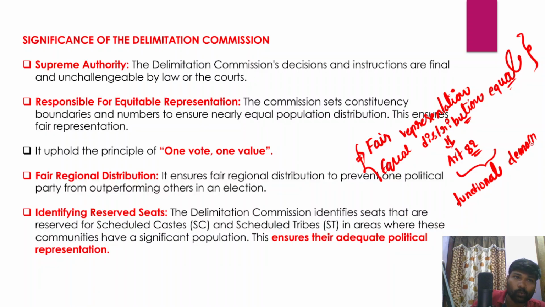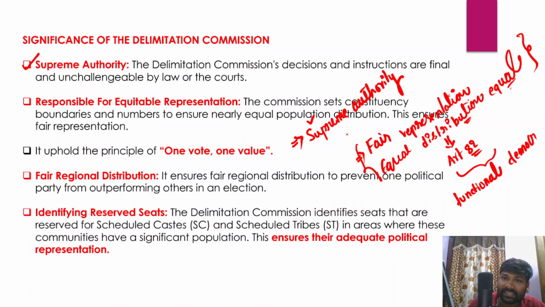Now we'll understand the significance of the delimitation exercise or Delimitation Commission. In fact, once the Delimitation Commission is constituted, it is considered a supreme authority, because whenever it takes any decision, those decisions will not be challenged before any court of law.